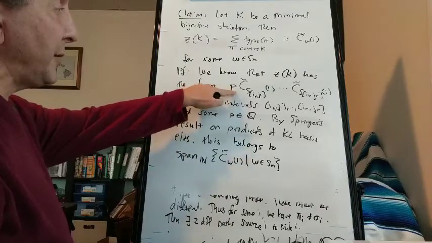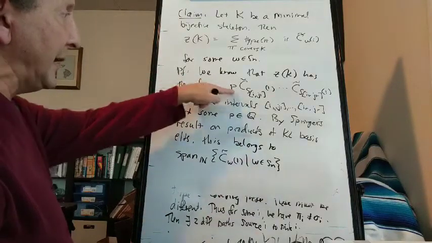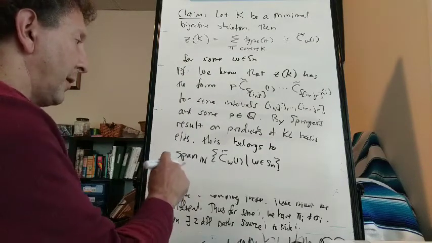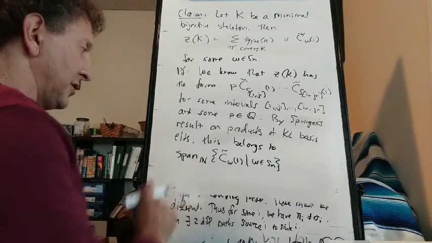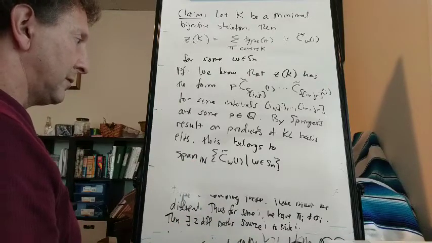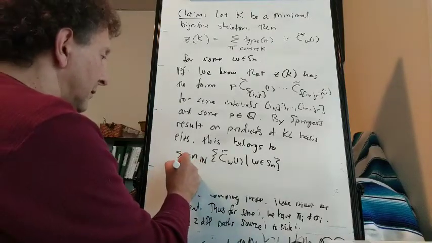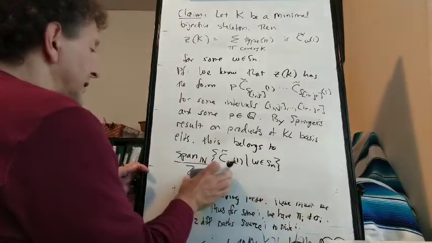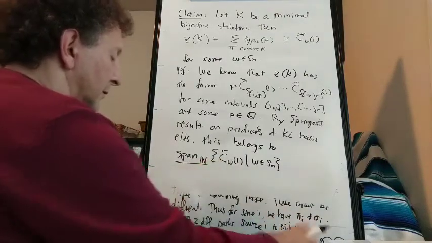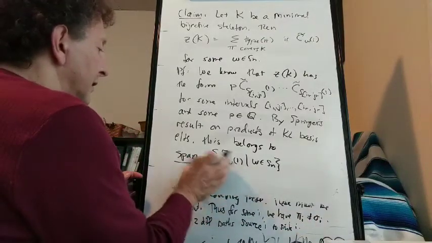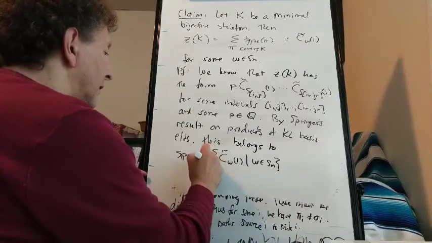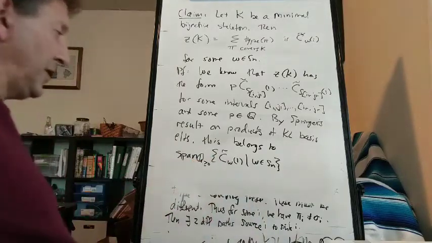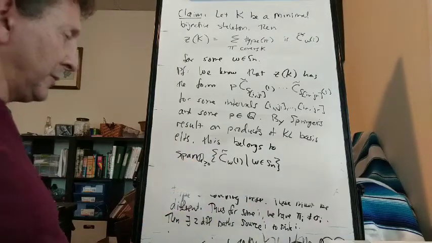I guess if we divide by an integer, then what we really have are non-negative rational numbers here. So the coefficients are all going to be rational numbers which are greater than or equal to 0.